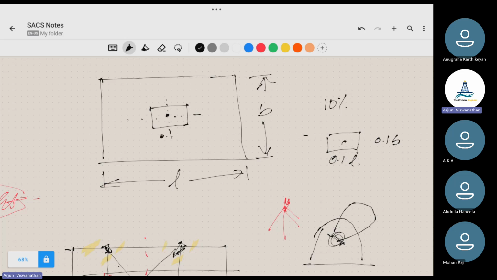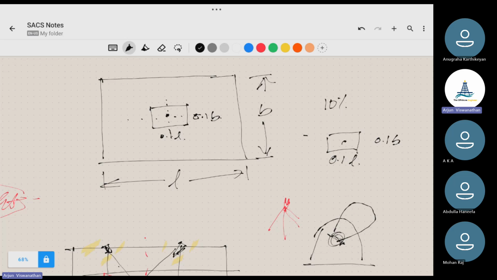This is 0.1 times L and this is 0.1 times B. This indicates that my COG can come anywhere within this envelope. That is the extra contingency I am going to consider with the COG shift. They will ask us to actually simulate this case.